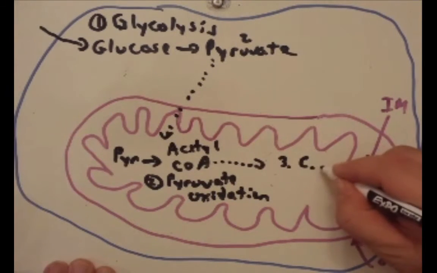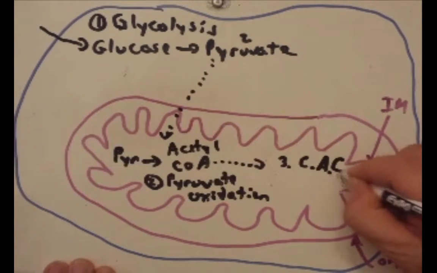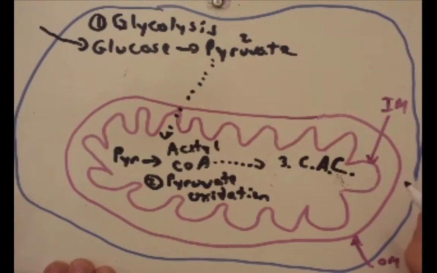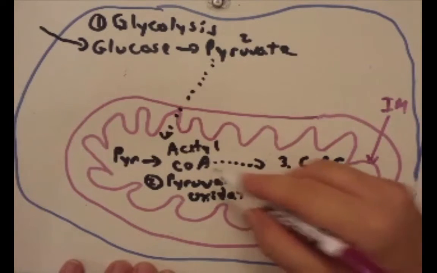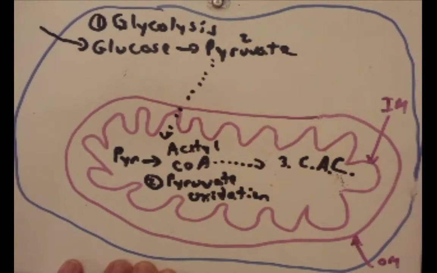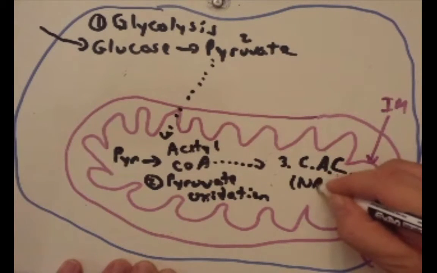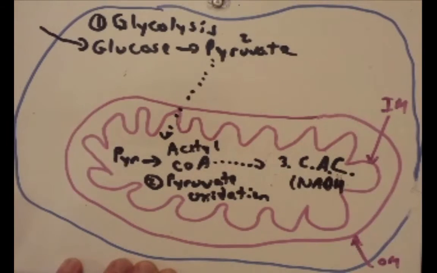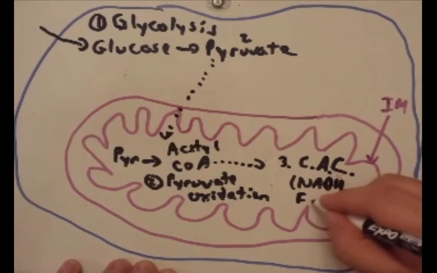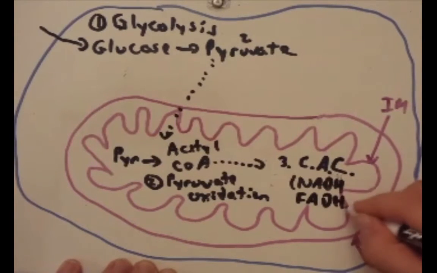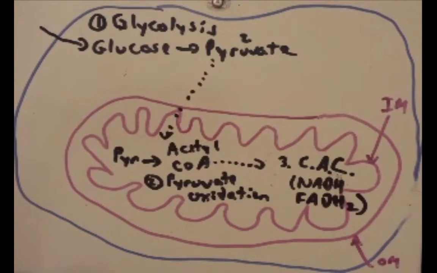I'm going to abbreviate that. C-A-C. Citric acid cycle. And it takes this acetyl coenzyme A and it makes a couple things, but primarily what we're interested in is it makes this NADH and FADH2. And these are essentially electron carriers.